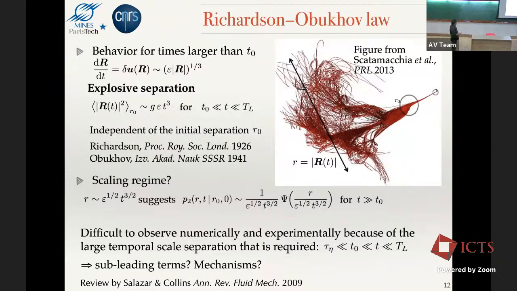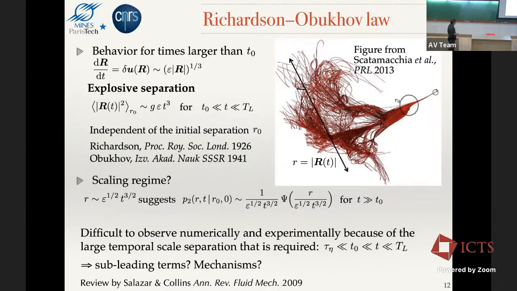And the signature of this non-uniqueness is that the coefficient in front, g epsilon, where g is a constant and epsilon is the rate of energy dissipation, is independent of R0. So independently of R0, after this t0, where t0 depends on R0, my particles will just start to separate in this super diffusive regime.